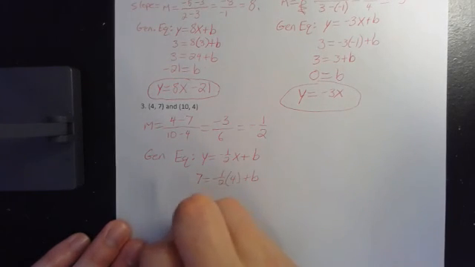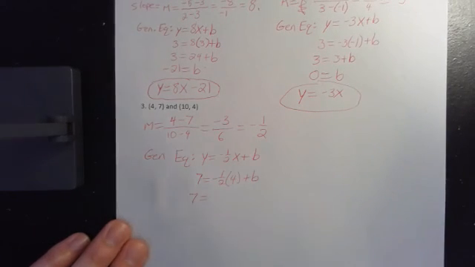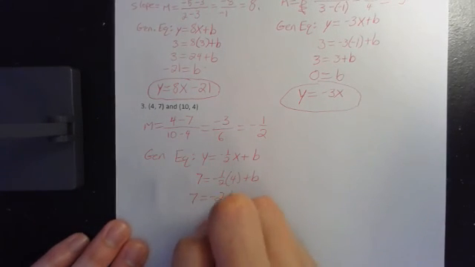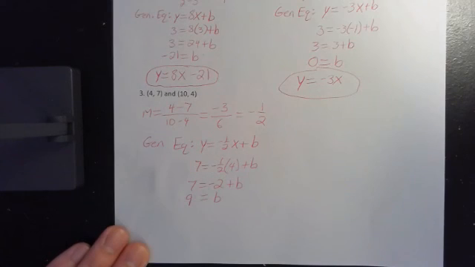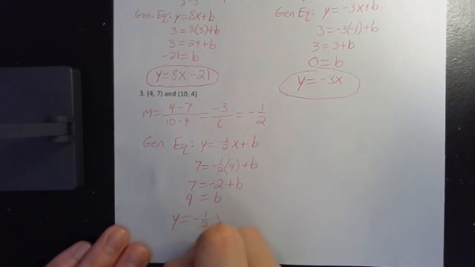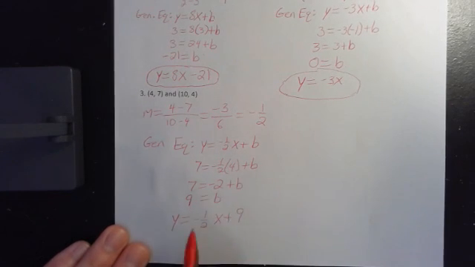Half of 4 is 2 times negative 1 is negative 2 plus b. Add 2 to both sides. We get our y-intercept is 9. And then we're going to substitute this in to write our final equation. y is equal to negative 1/2 x plus 9.